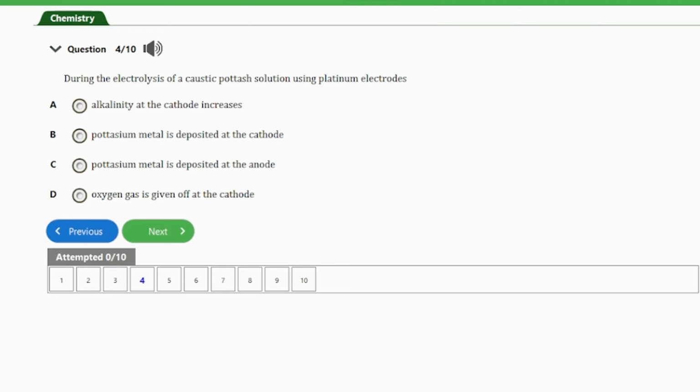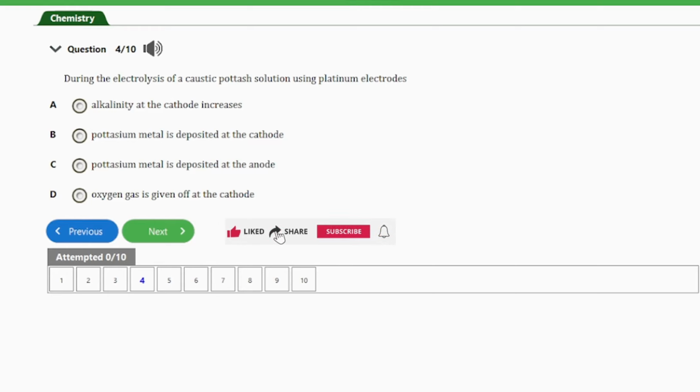B, potassium metal is deposited at the cathode. C, potassium metal is deposited at the anode. D, oxygen is given off at the cathode. We've answered this question before, and the answer is option A. It says alkalinity at the cathode increases, and already we know why.